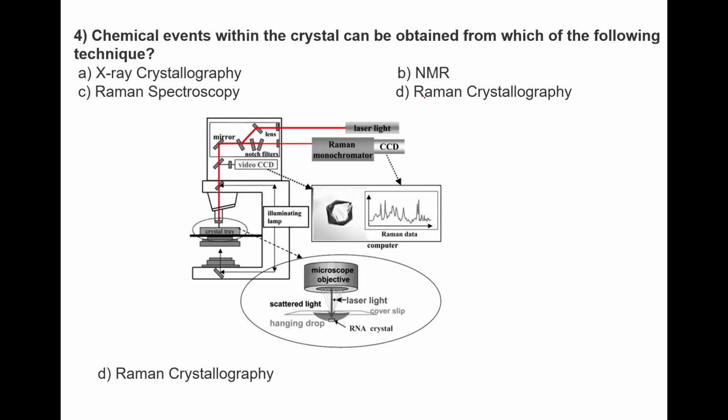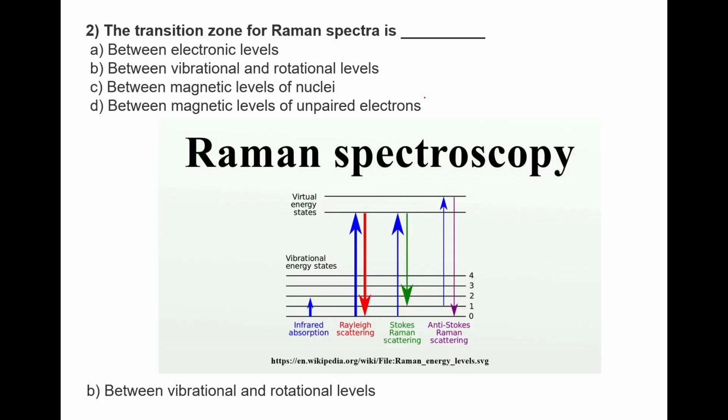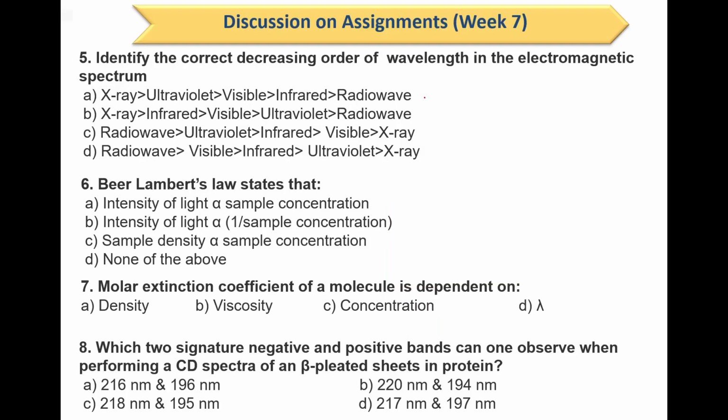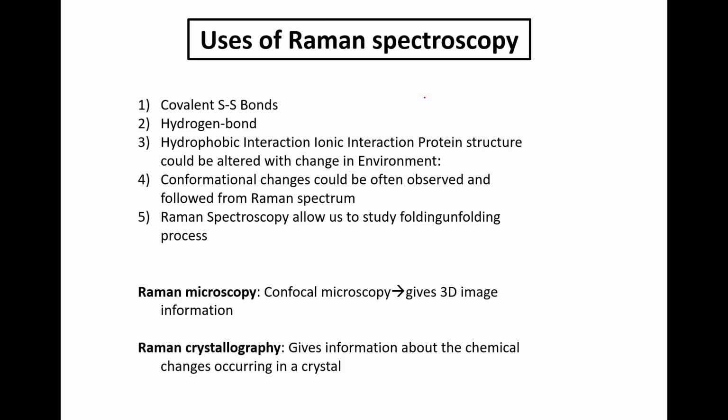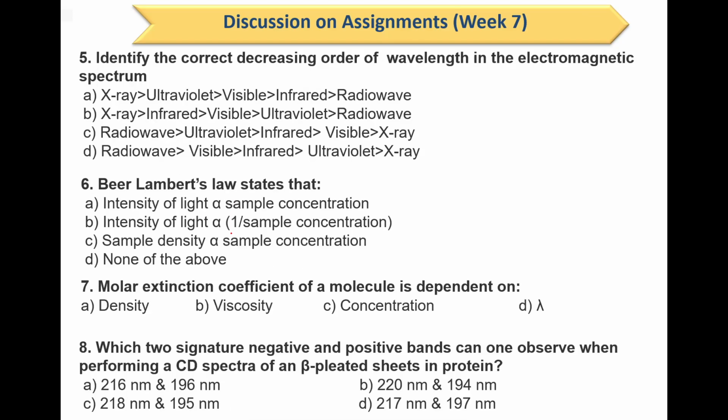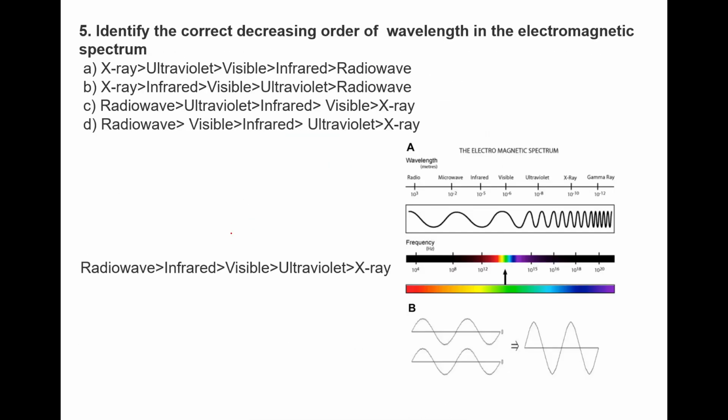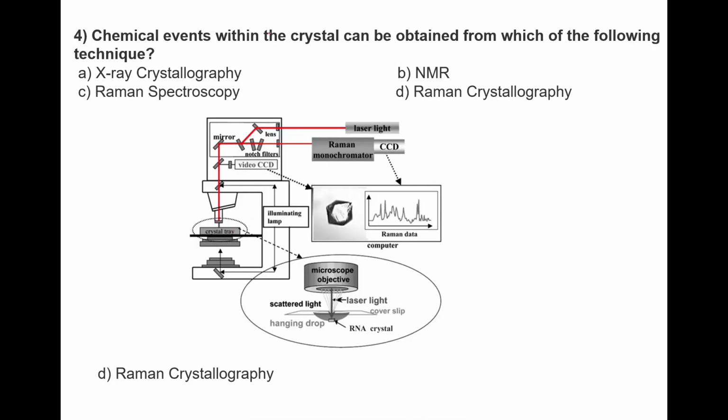Okay. Then, chemical events within the crystal can be obtained from which of the following techniques? In the slide when we discussed Raman spectroscopy, I also showed you Raman crystallography, where I said that inside a crystal you can get the chemical information out of it. So it is asking about chemical events within the crystal.